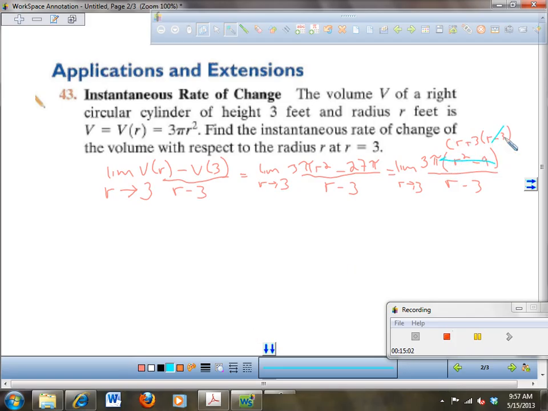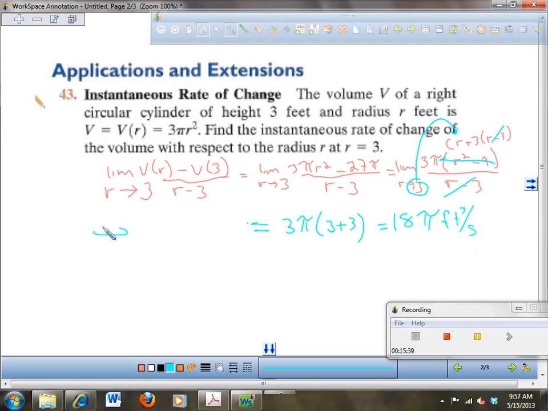Now I can plug in 3 for r. So that's equal to 3 pi times 3 plus 3, which is 6, times 3, which is 18 pi. And that's the rate of change. If that's in feet, that'd be feet cubed per second or something like that.